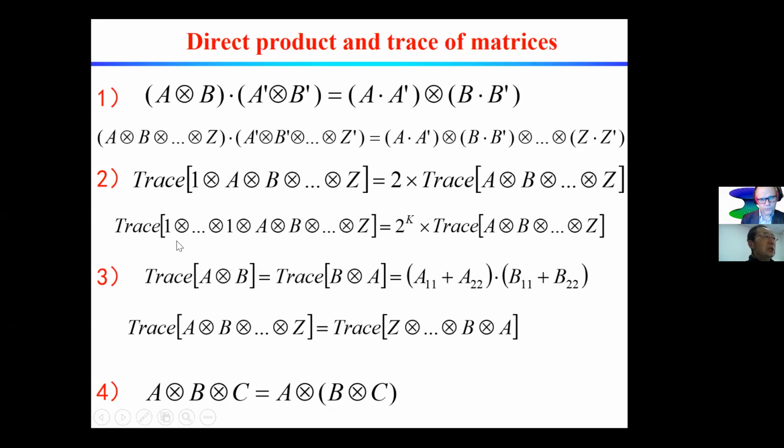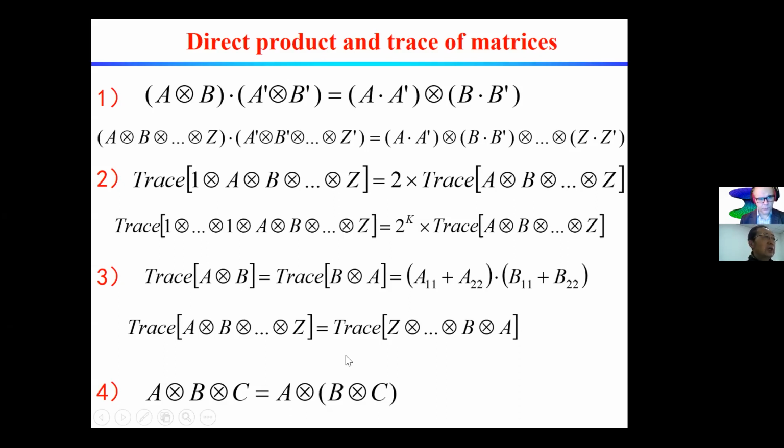So if we add k terms of the unit matrix, we generate the 2 to the power k factor. It means if we compensate this factor, we can keep the trace unchanged. It means the partition function and the physical properties are unchanged.